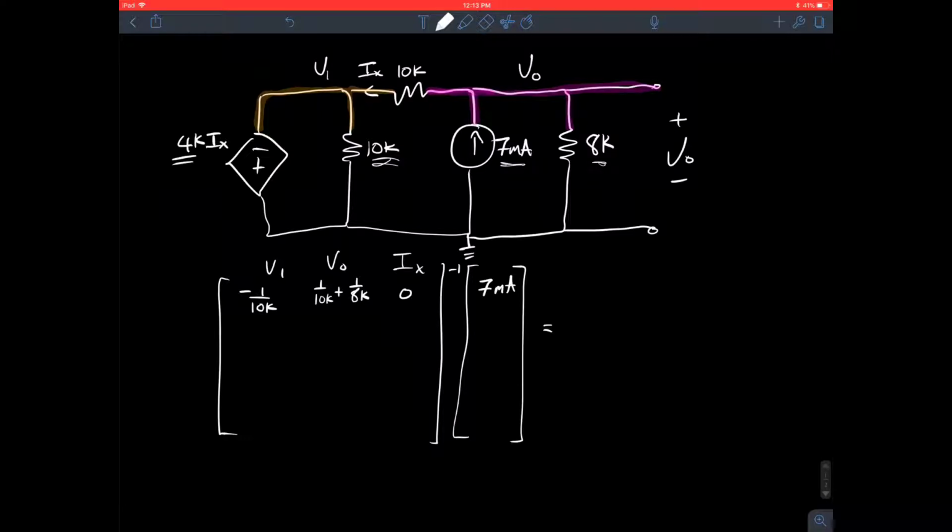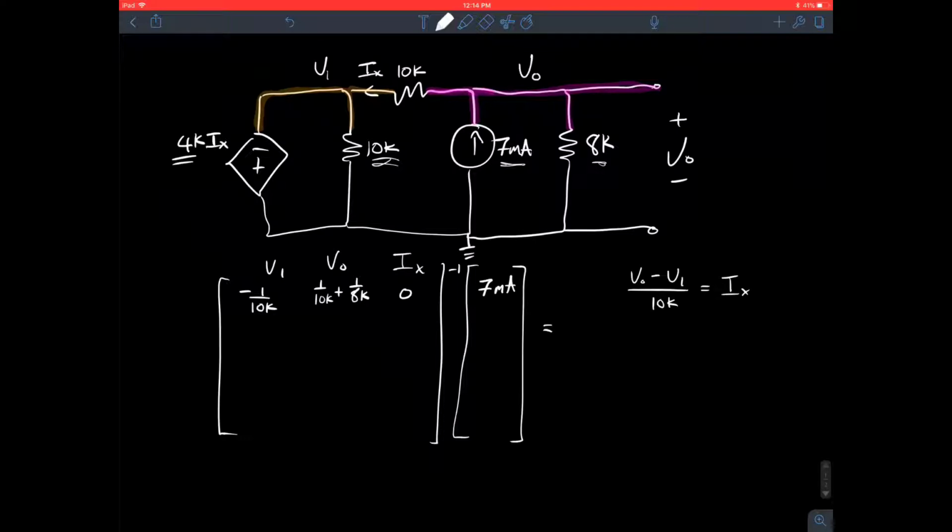So for the next step, we are going to sum everything for IX. So we're going to define IX. If you look at IX, this is just Ohm's law: V0 minus V1 divided by 10K is equal to IX.